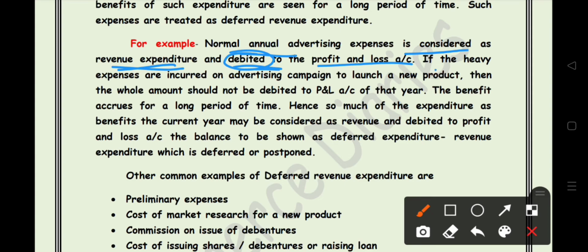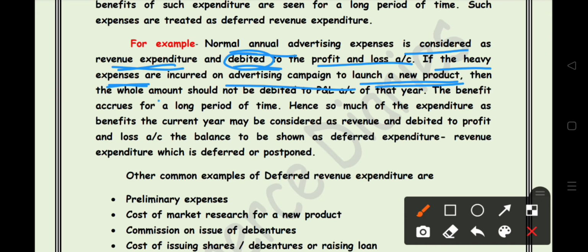If heavy expenses are incurred on an advertising campaign to launch a new product, means if we are incurring advertisement expenses before launching a new product or before introducing our product in the market, those kinds of expenditure we may treat as a deferred revenue expenditure.